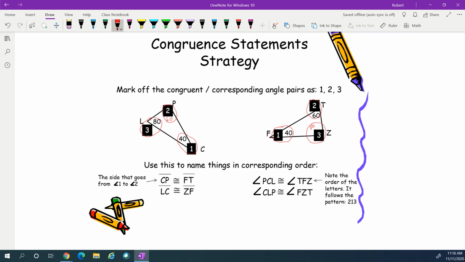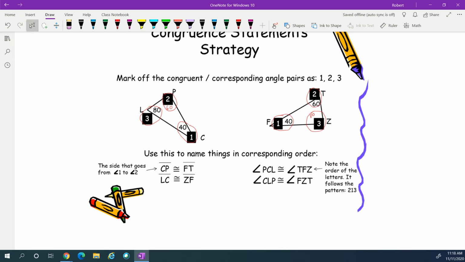For example, segment CP. Well, that's the side connecting 1 to 2. C to P. I have to match that. So again, 1 to 2, I'm going to go to the other triangle, 1 to 2, and that's F to T. So FT. I cannot have those letters backwards anymore.